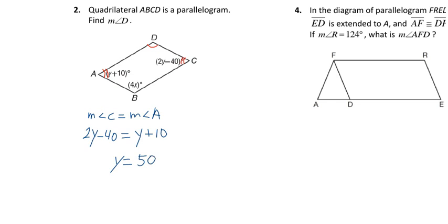So I know now that y is 50, which means that I can find the measurement of angle A and angle C. And after I do that, I can find the measurement of the other two remaining angles. So if y is 50, 50 plus 10, A would be 60 degrees.